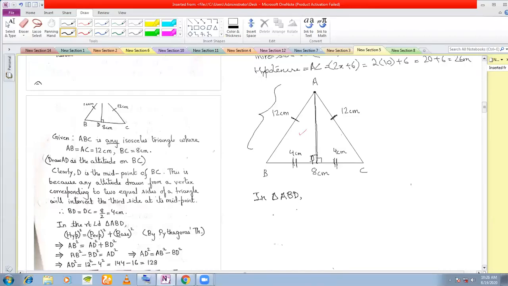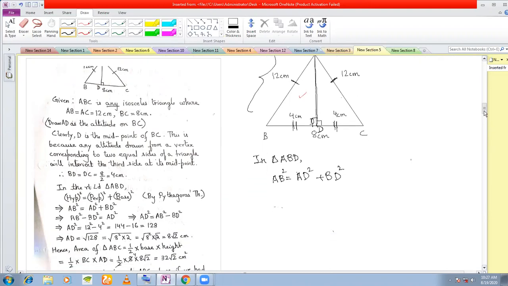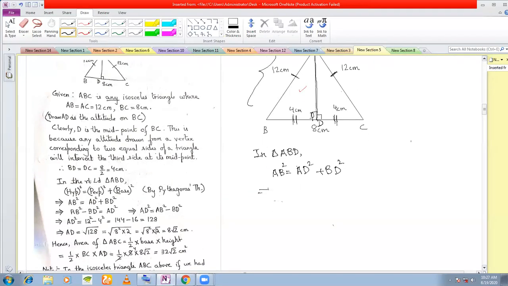So you have AB square is equal to AD square plus BD square. This is your point D. We need to find BD, so we'll write this formula in terms of BD. That means BD square is equal to AB square minus AD square.